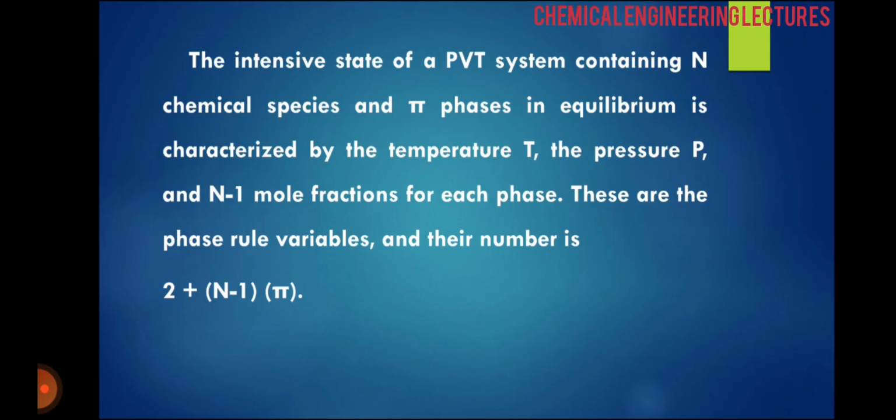These are called phase rule variables and their number is 2 plus (n-1) times pi. Temperature and pressure represent two variables, plus n-1 mole fractions for each of the pi phases.